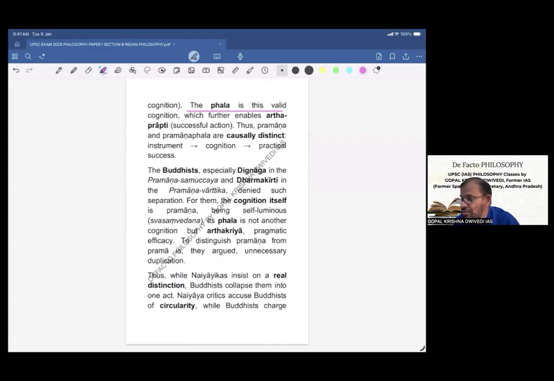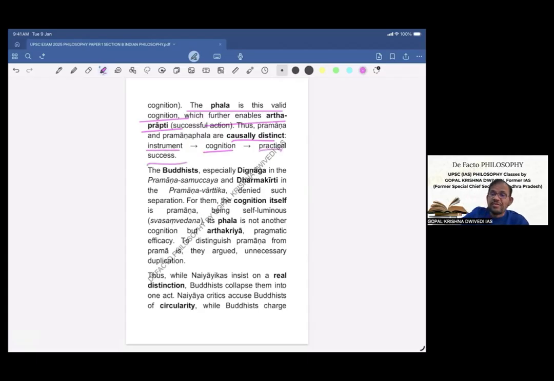The phala is thus valid cognition, which further enables arth prapti, successful action. Thus, pramana and pramana phala are causally distinct: instrument, cognition, practical success.